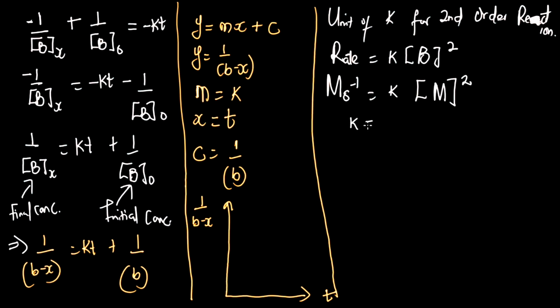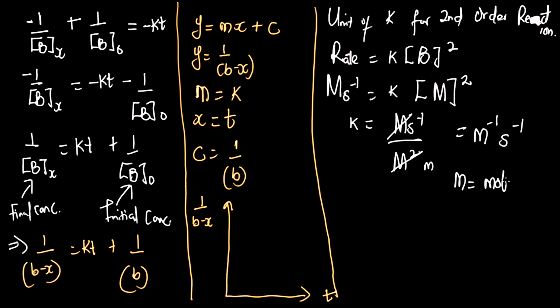So the unit of K becomes M s^-1 over M squared. So this cancels this to give M, and this becomes this. So we are left with M^-1 s^-1. So this M can also be mole per dm cube.